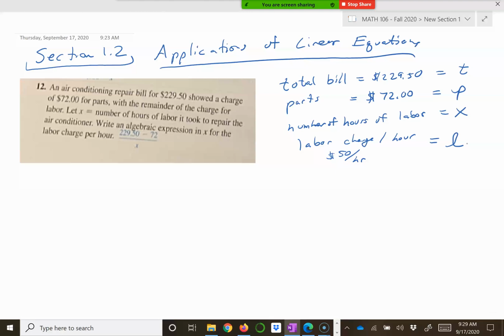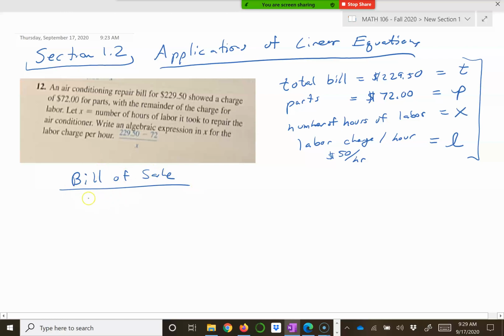So here's how it's going to work. We now have to make a linear equation using these 4 variables. They're just assuming you could read this question and understand how bills work. When you have a bill of sale, and I'll write this out just in case people don't know, you have your individual line items.